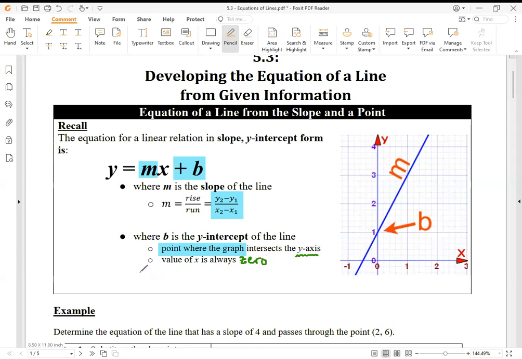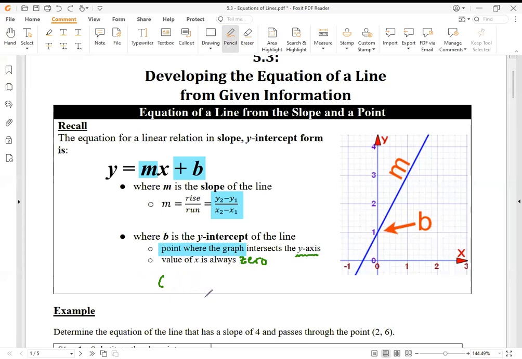So if I say the y-intercept is 11, you might ask why I'm only giving you one point. Well, it's because X is always 0. A y-intercept of 11 means I have the point (0, 11).